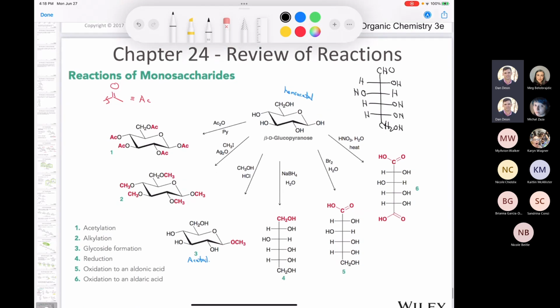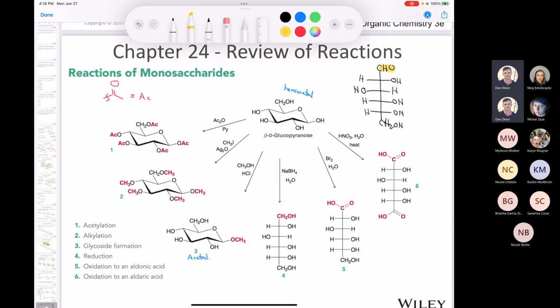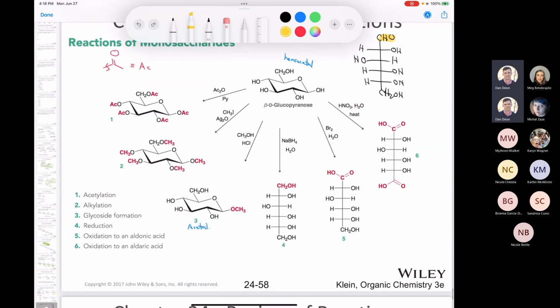So what you're doing is you're taking this aldehyde, and with sodium borohydride and water, you reduce it to CH2OH. So you reduce it to an alcohol, and we call this an alditol. So number 4, reduction to form an alditol.